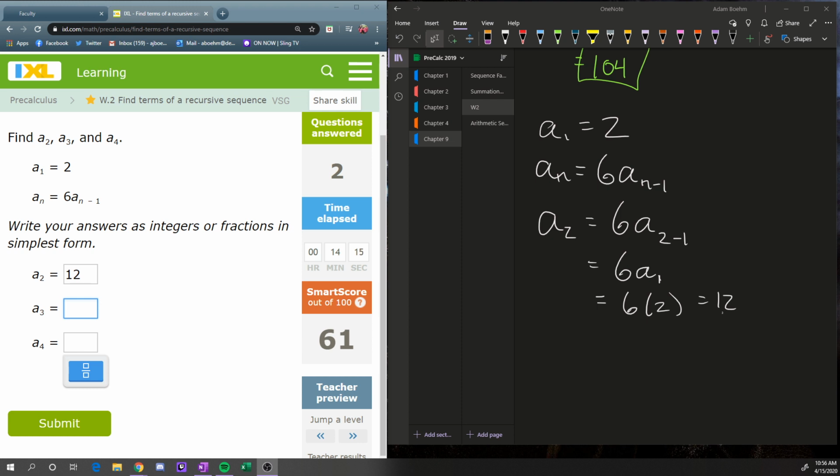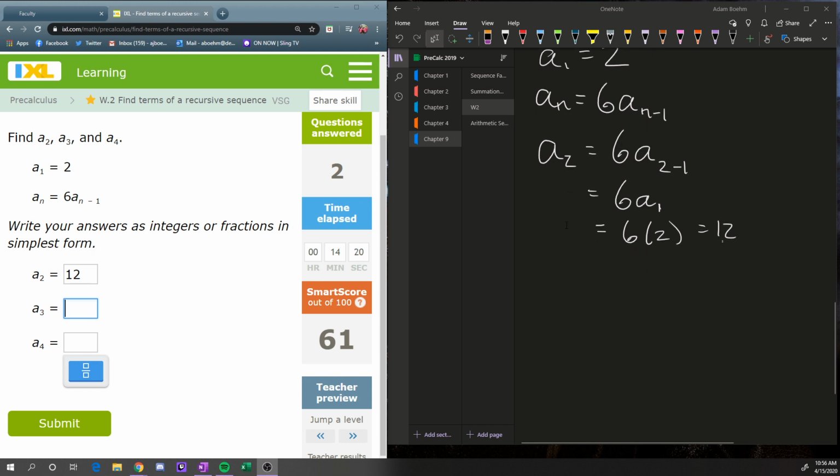Okay, so then we find the third term. And the third term is 6 times the term before that. So we get 72.